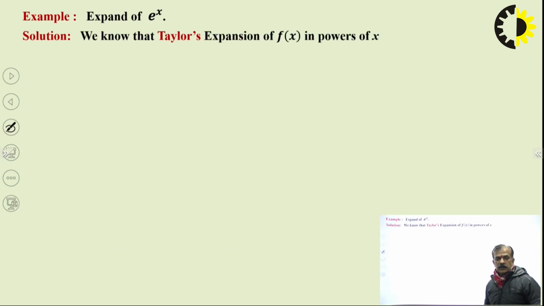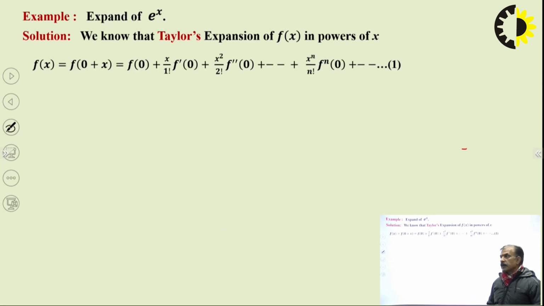Now, again we take one more example for one variable, the expansion of e raised to the power x. Here e raised to the power x is a function of one variable, and we expand this function in powers of x. So, first we write the formula for the expansion of f(x) in powers of x.